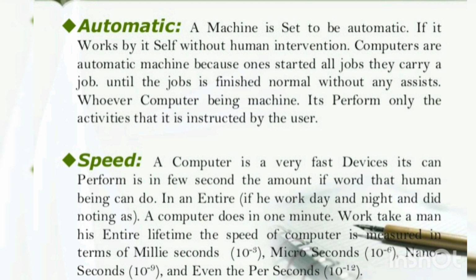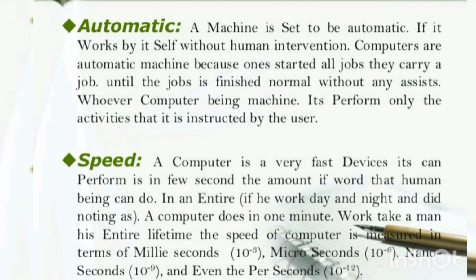Next one, speed. Everybody knows how the computer works. Everything is done within seconds in a computer. Nowadays, without a computer nothing is going on. This is a lockdown period, and we are connecting through computer networks, computers, and androids.